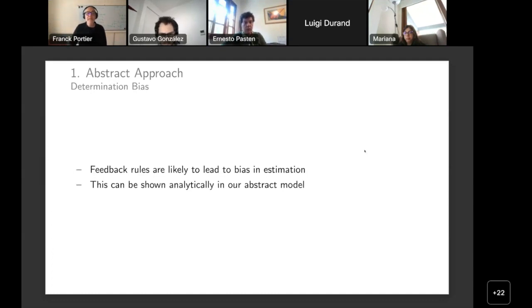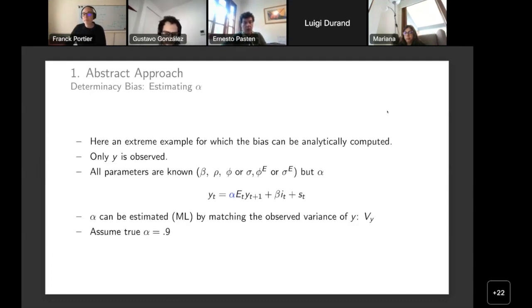Okay, let me do this experiment. Let me try to estimate alpha in this world, and I'm going to make some stark assumptions. I will assume that the econometrician can only observe y. The econometrician doesn't observe the instrument, and doesn't observe the shock s_t, but only y. And let me assume that the econometrician knows all the parameters of the model but alpha.